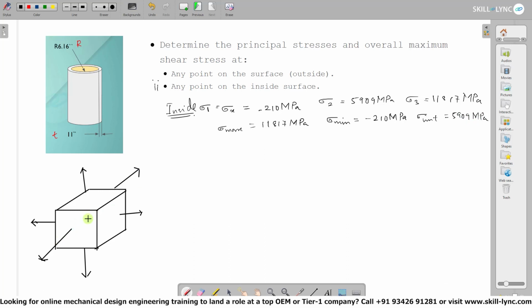If we have to mark these values on this 3D element, we'll quickly erase these two arrows, because we know that inside the vessel, the pressure exerted by the liquid is inwards. So this will be inwards and it's 210.